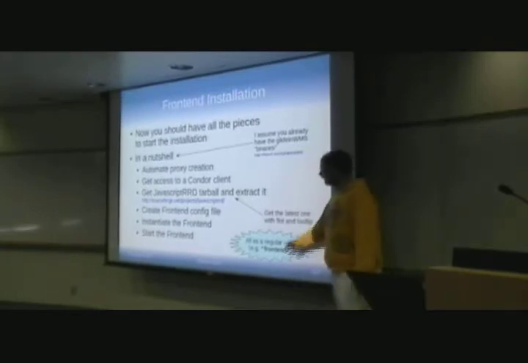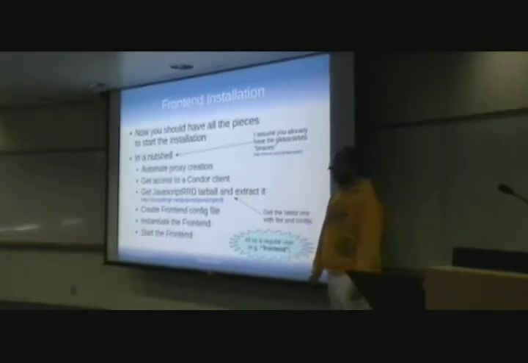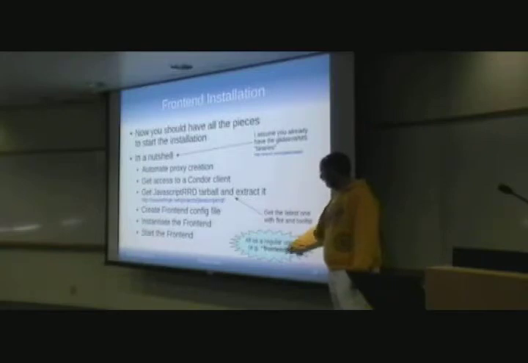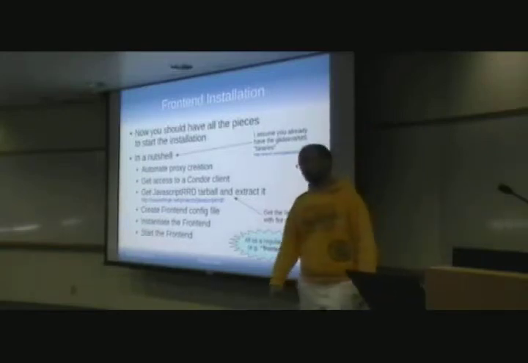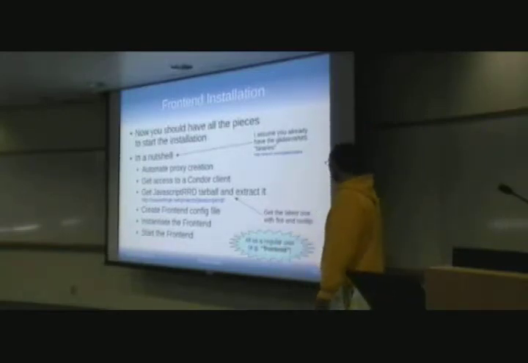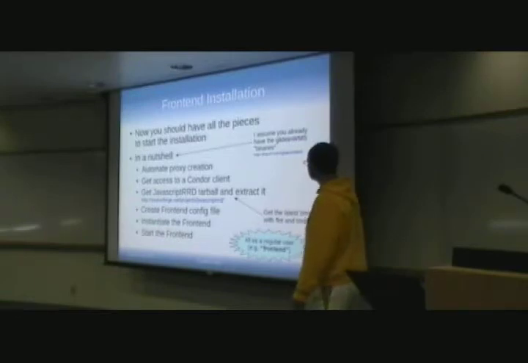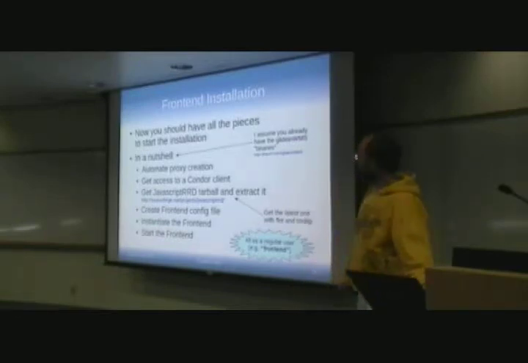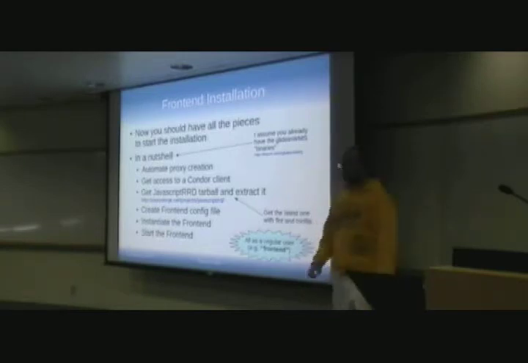And this can all be done as the UID you chose, and I will assume it's frontend throughout this talk. And I'm assuming that you already have the binaries with glideinWMS as well.